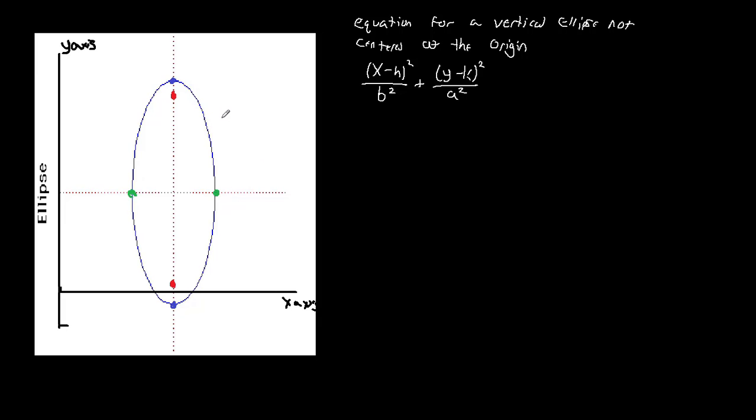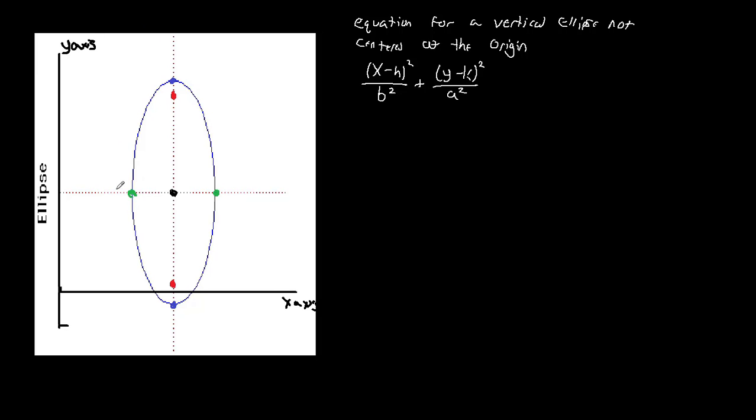It's just going to be rotated, just like the regular horizontal versus vertical, right? It's that same sort of concept. Now we're just shifting everything by h and k. So again, we have our center, our foci, our vertices, and our co-vertices. Just now keep in mind the vertices are vertical and the co-vertices are horizontal now.